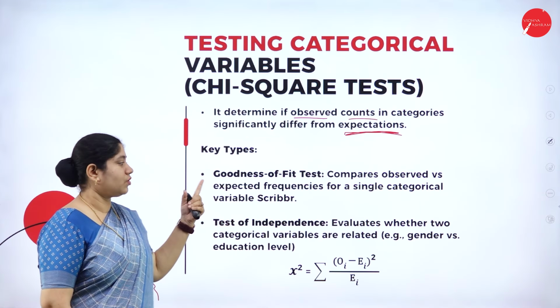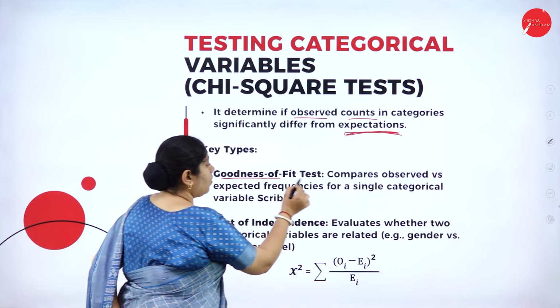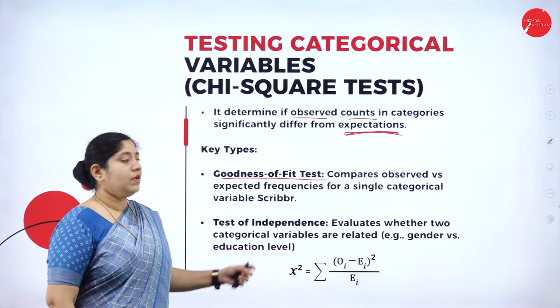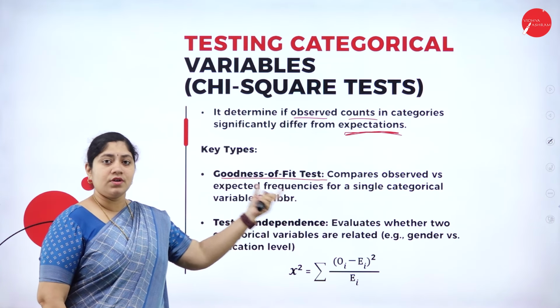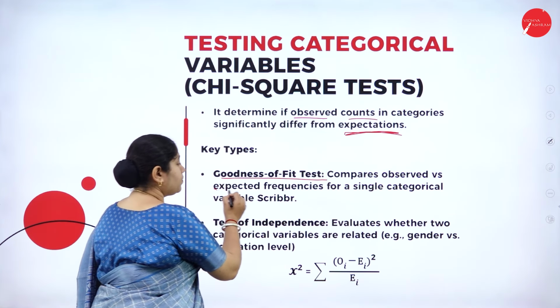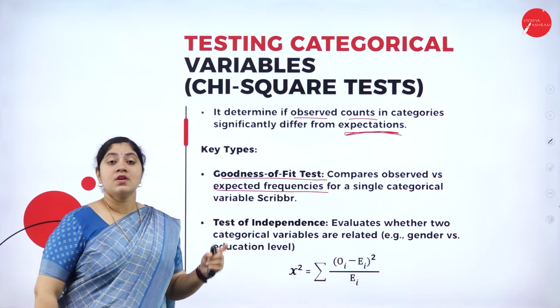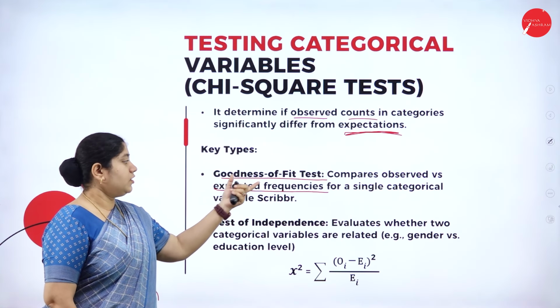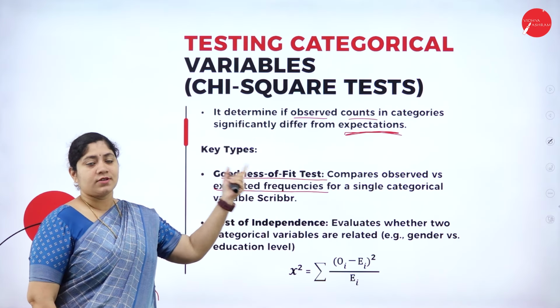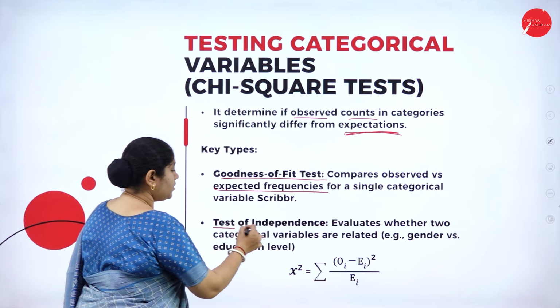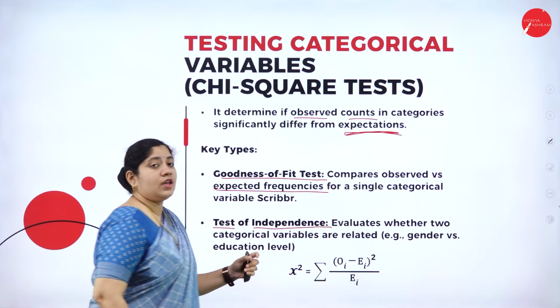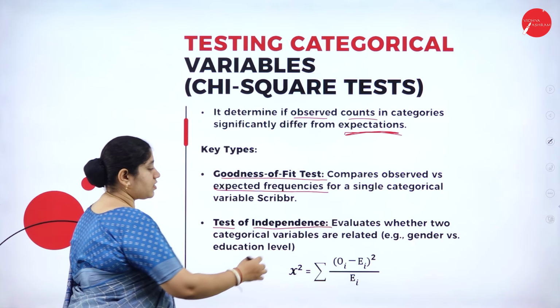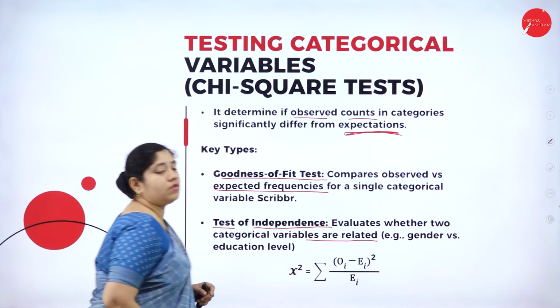What are the tests? The first one is the goodness of fit test, where we will be comparing the observed counts with the expected frequencies for a single categorical variable. Next one is the test of independence, where it evaluates whether two categorical variables are related or not.